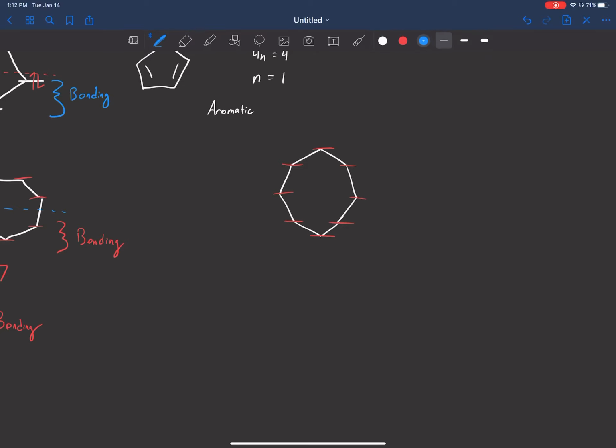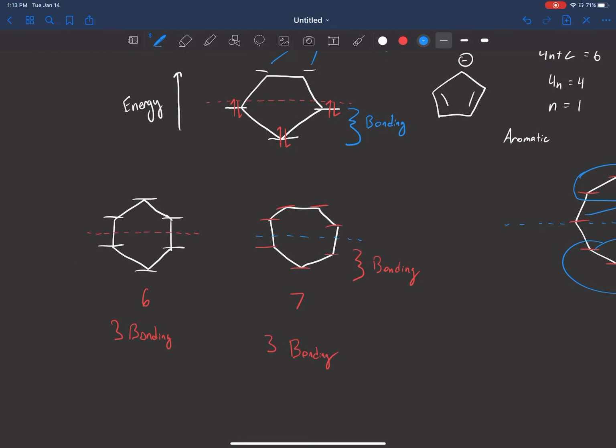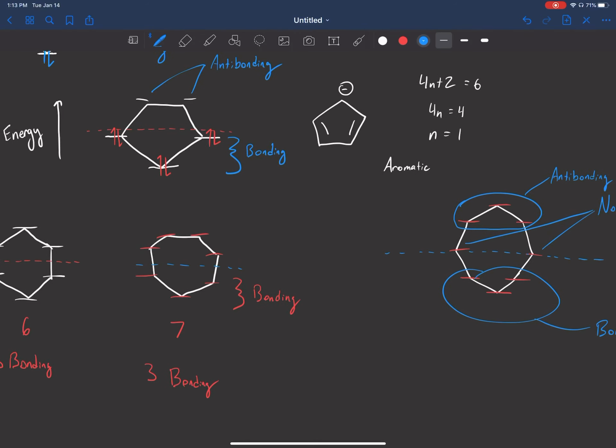Okay, and the dashed line would run right through there. So those right here are the non-bonding. These guys are going to be anti-bonding. And these guys are going to be bonding. All right, so 4 and 8-membered rings have non-bonding. None of the others do. You see we have 6 and 7. The 5s didn't have non-bonding orbitals.